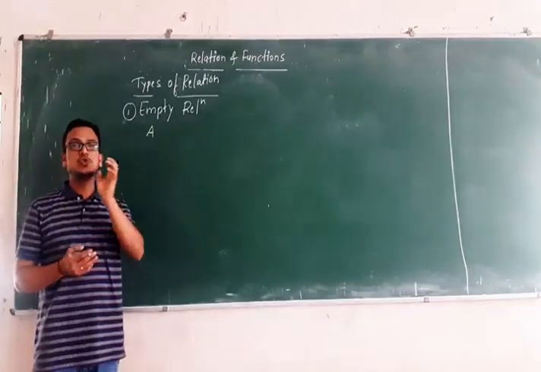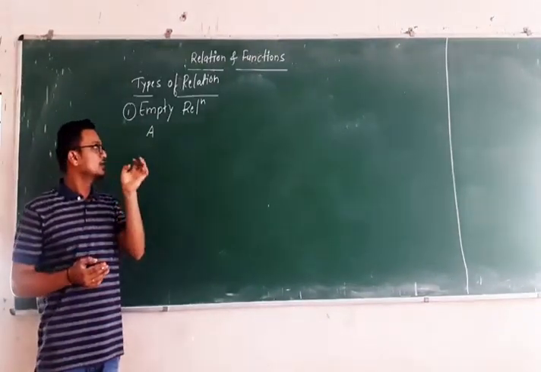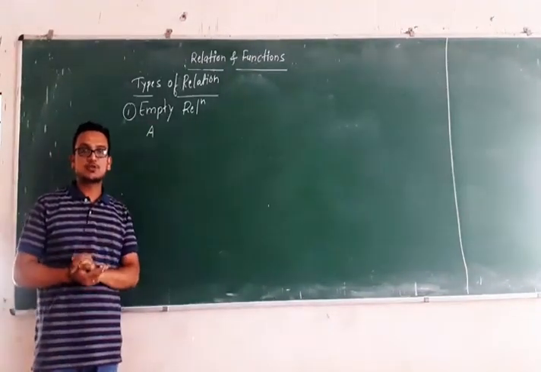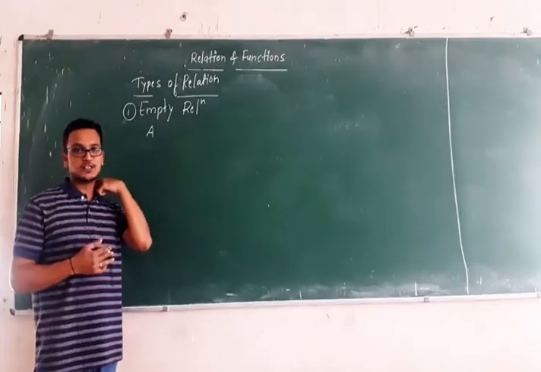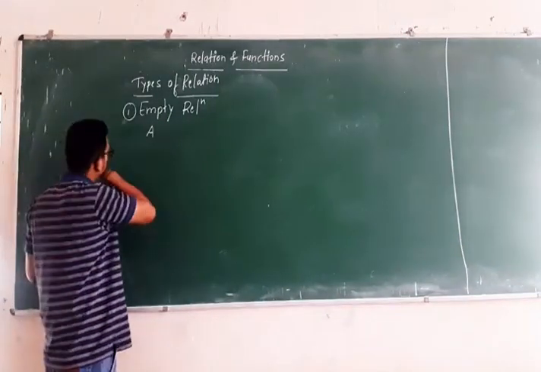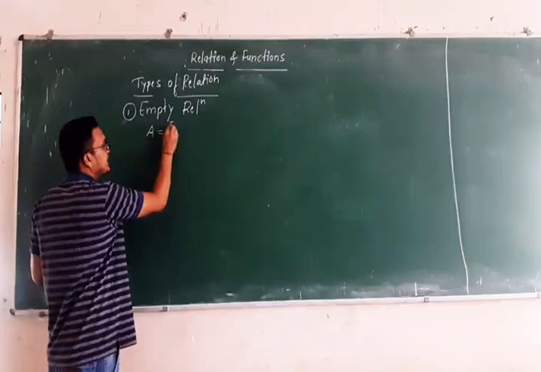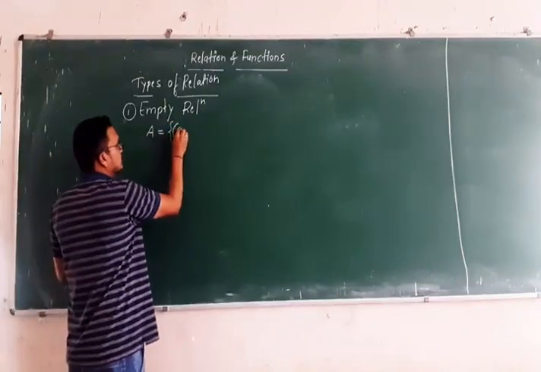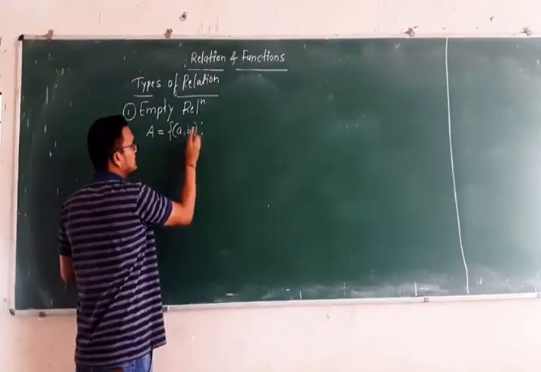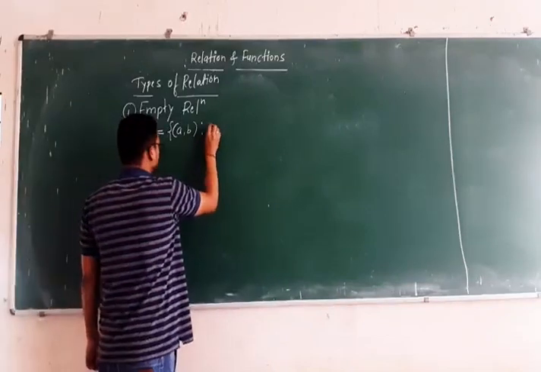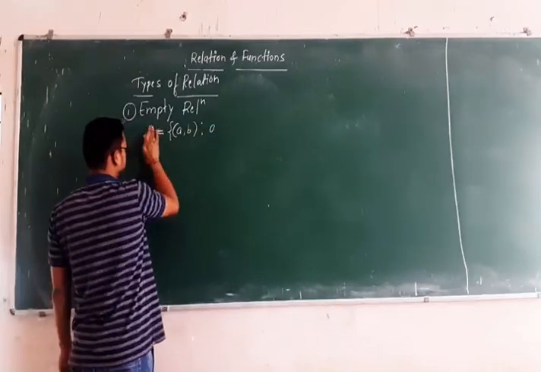It means no relation will be found in that set, and that relation is called an empty relation. For example, suppose the relation is the set of all ordered pairs (a, b) such that this is a relation.